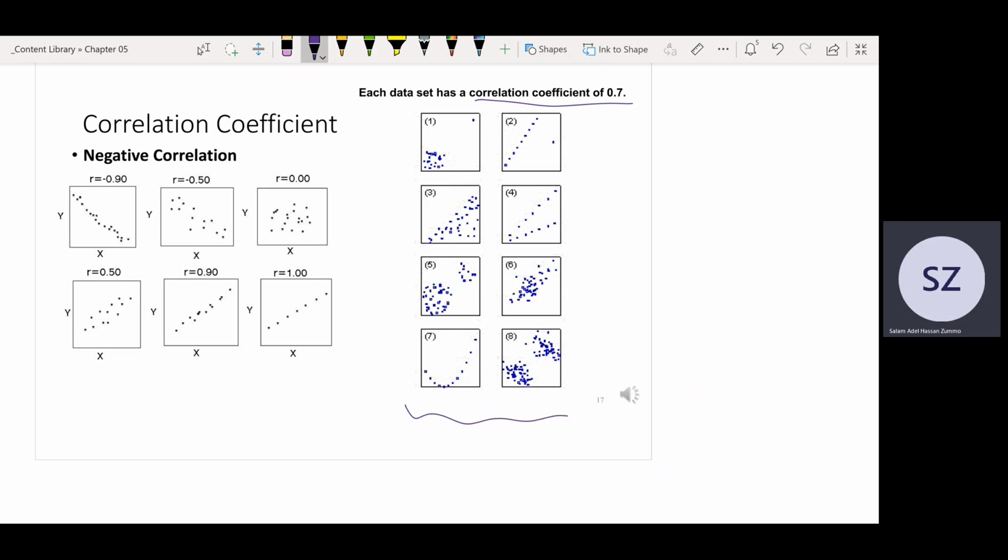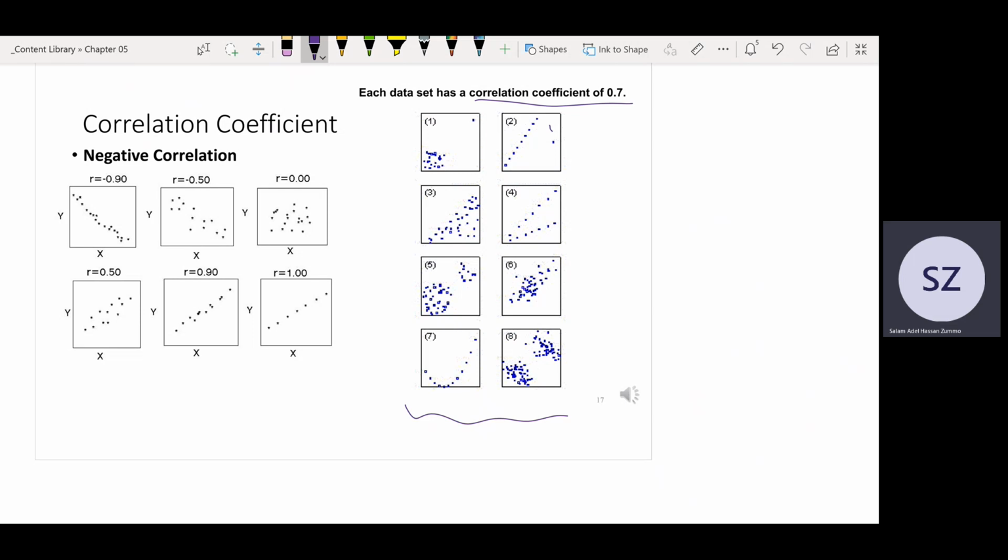If you ignore it, the correlation is almost 1, because the points are almost direct, very close to 1. This point pulled the correlation down to 0.7.